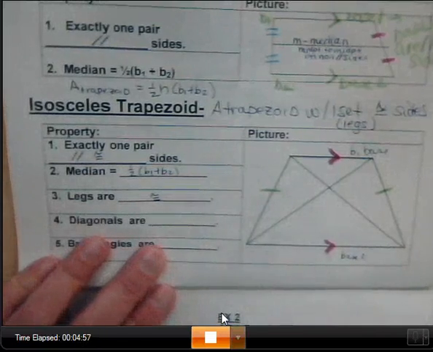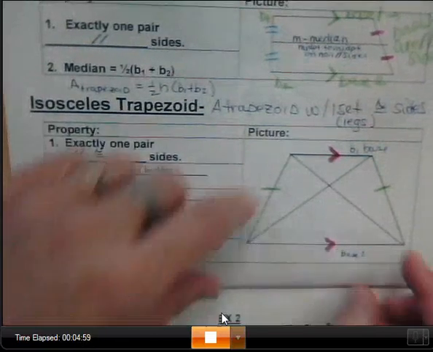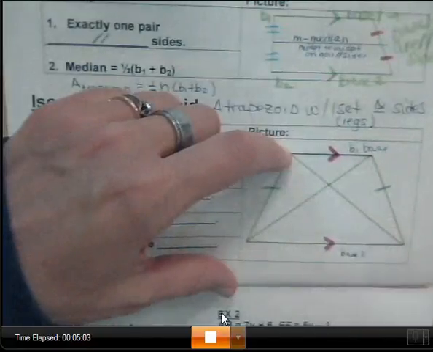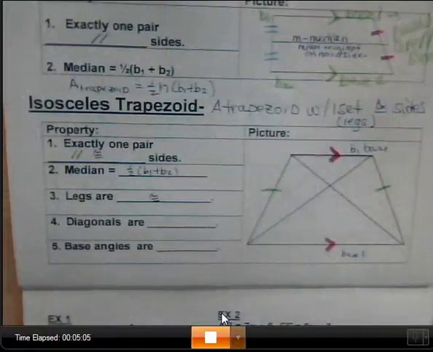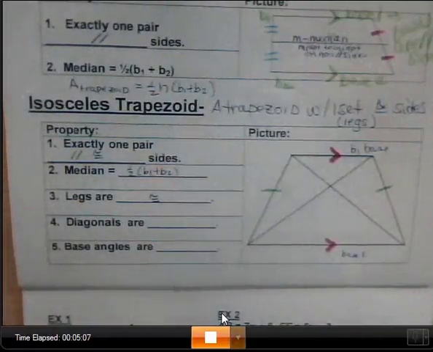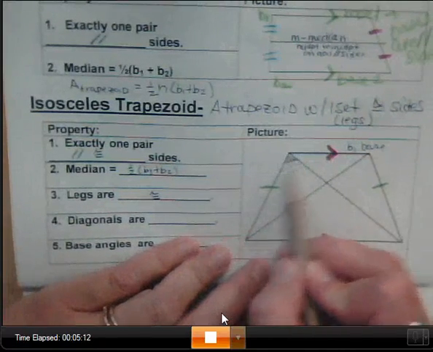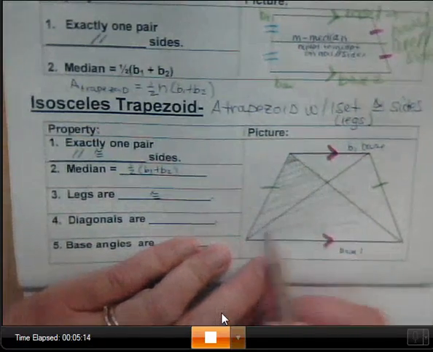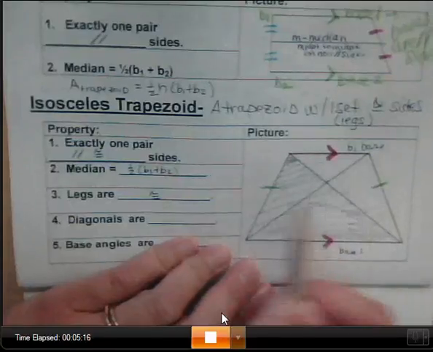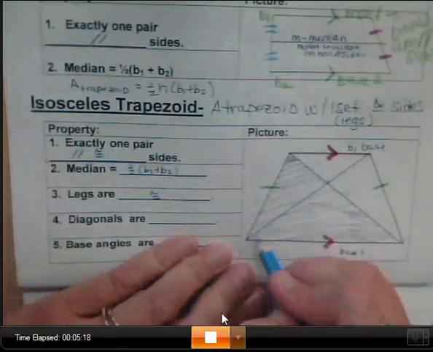Diagonals are what? Would it be possible for us to prove these diagonals are the same? Let's talk through it rather than prove it. Is it possible for me to show this triangle congruent to this one?